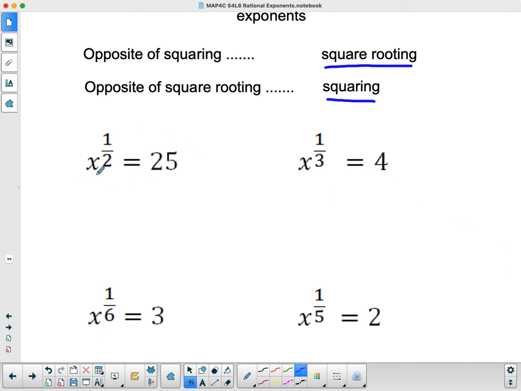So in this case, if I want to know what x is, I have to do the opposite operation. This is a square root. To get rid of it, I have to square it, and you have to do the same thing on both sides. So when you get rid of it over here, that's just going to be an x. And 25 squared is 625.